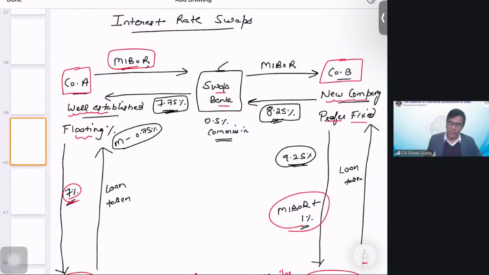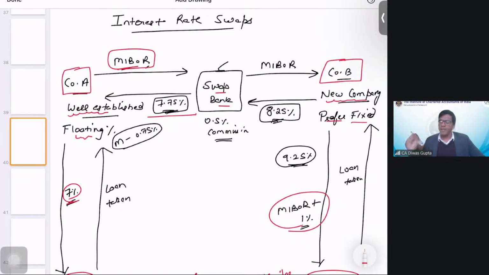So Company A will pay the swap bank an equivalent of MIBOR, which is a floating rate, and the swap bank has arrived at this calculation of 7.75%. You pay me MIBOR, I will pay you 7.75. This is the swap that has been agreed between swap bank and Company A.